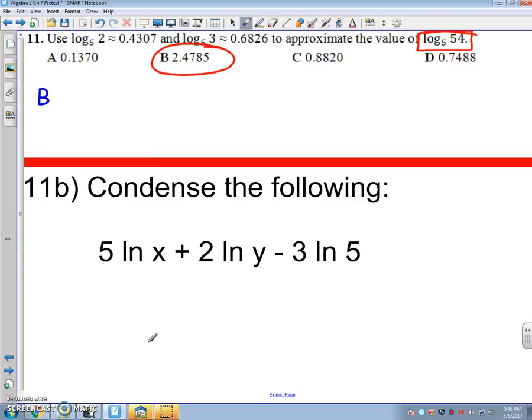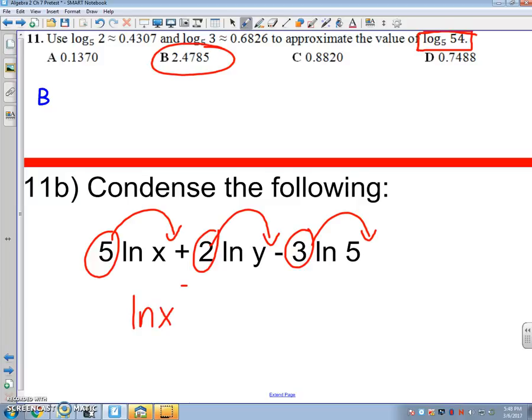11 part B. Condense the following. So basically use your exponent properties to simplify it to one big logarithm. We can move the numbers back as exponents. So that is really ln of x to the 5th power plus ln of y squared minus ln of 5 cubed. Then they're all ln, same bases, so you can combine them.